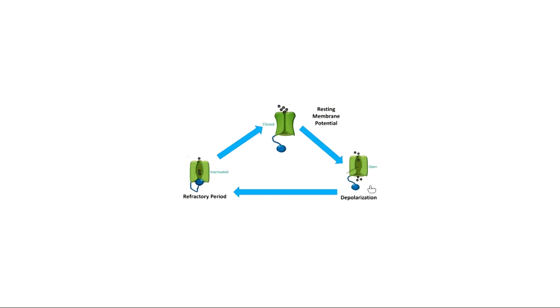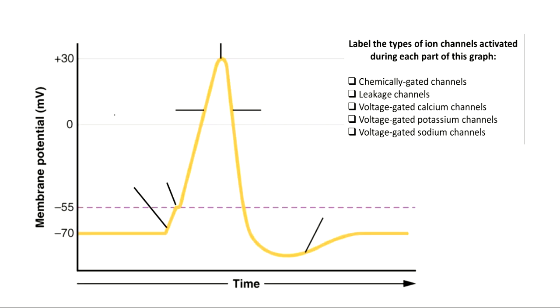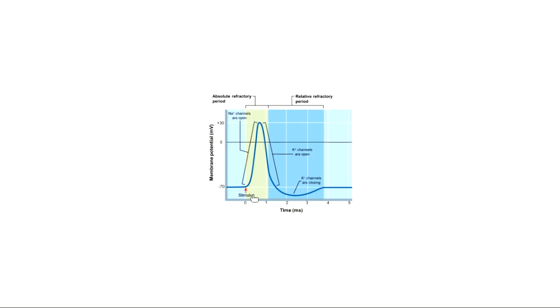But once I get all the way up to positive 30, I am all the way depolarized and I'm well into my refractory period. So when I have it labeled the refractory period here, we're talking about this part right here. When I'm done being open and I'm still in my refractory period, the problem with this side of my refractory period is not that my channel is open any longer.